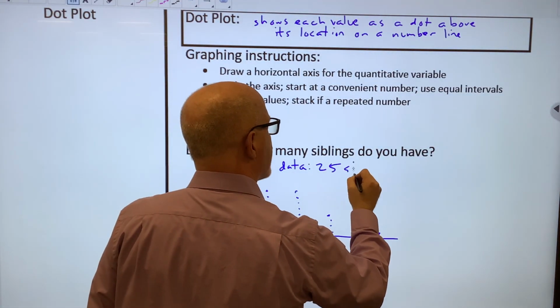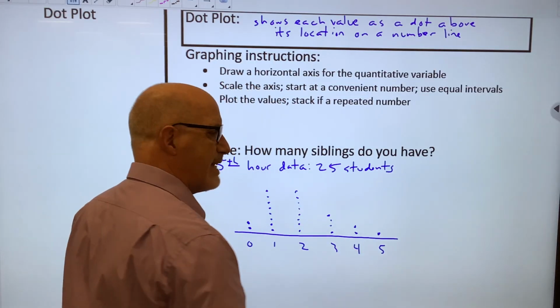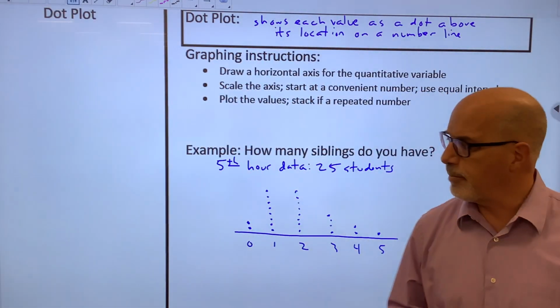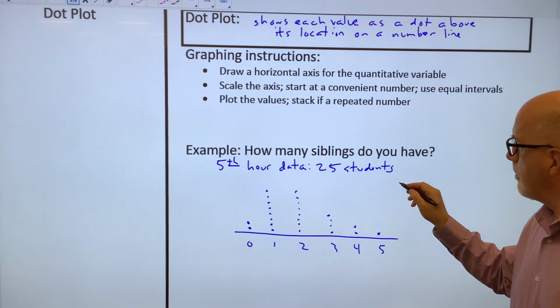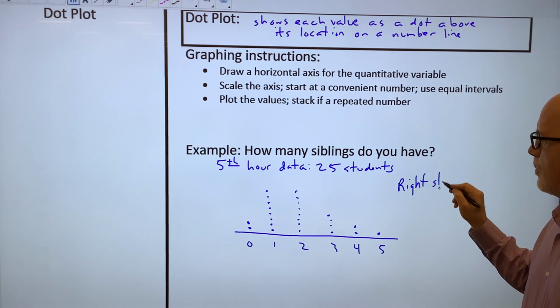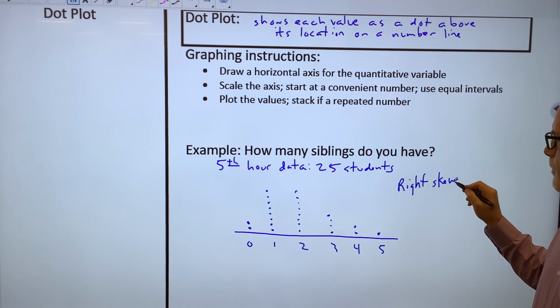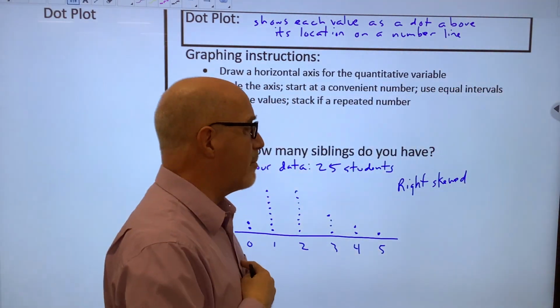Okay, 25 students here. So if we were to describe this data set according to shape, this looks like it's right skewed, because it's got a right tail. So right skewed for the shape. Now we want to do the center of it. I'm going to use the median.